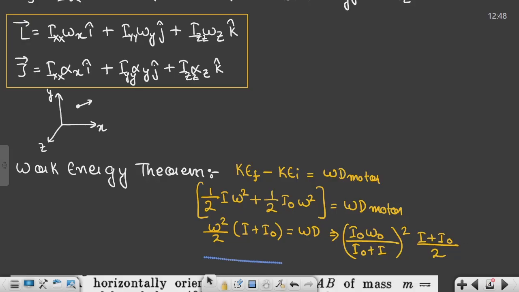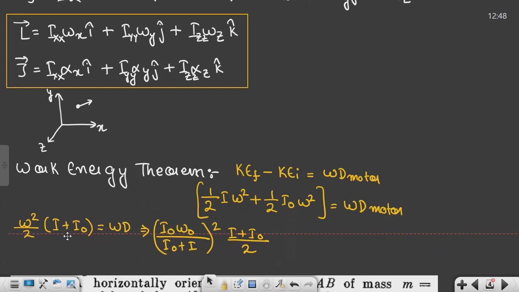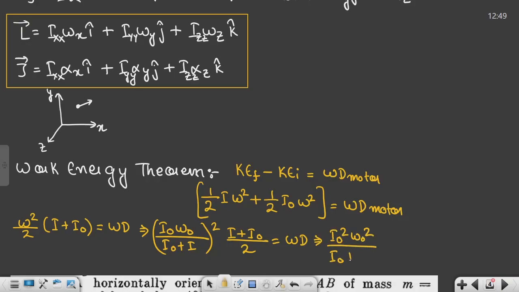Okay, and if I just take some space here to solve it, so I'm bringing this out here, is equal to work done. Let me cancel, or this would be nothing but I naught square omega naught square divided by I naught plus I whole square, into I plus I naught divided by 2.